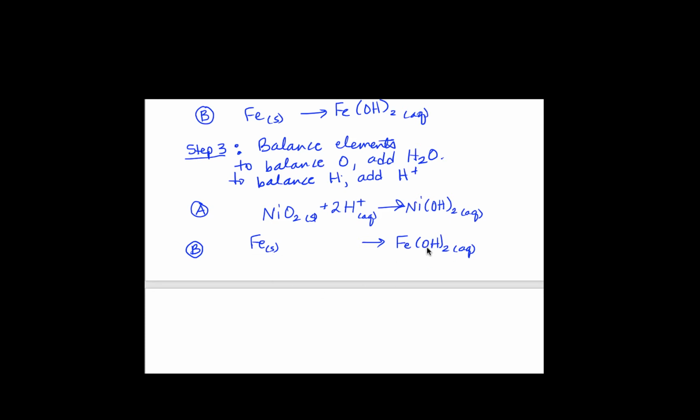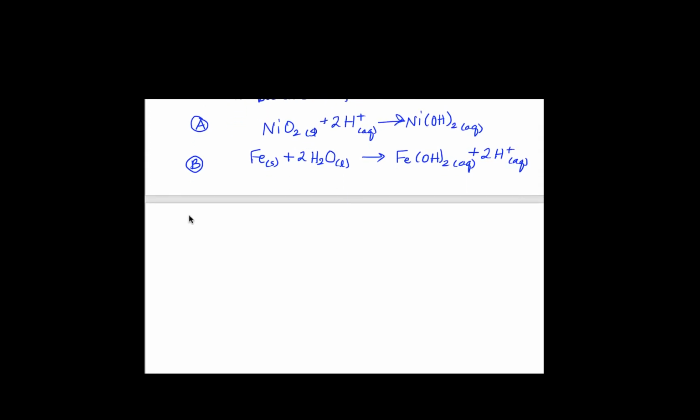Here I have 2 oxygens and no oxygens, so I need to add 2 waters because each water has 1 oxygen. Now I have 2 oxygens and 2 oxygens. Over here now I have 4 hydrogens, and here I have 2 hydrogens, so I'm also going to add 2H+ to balance out the hydrogens. All right, I've now balanced all of my elements. I'm ready to move on to the next step.